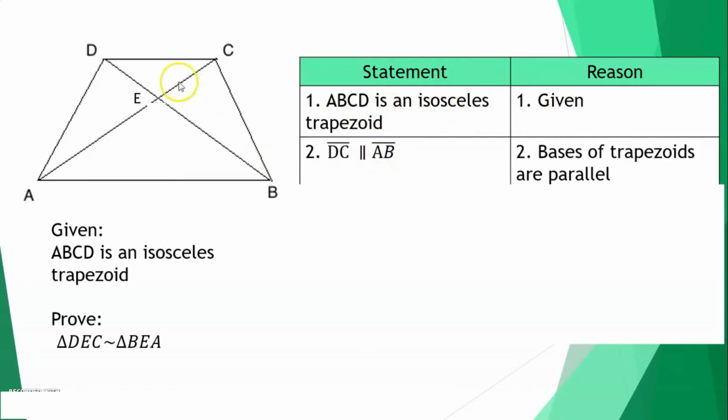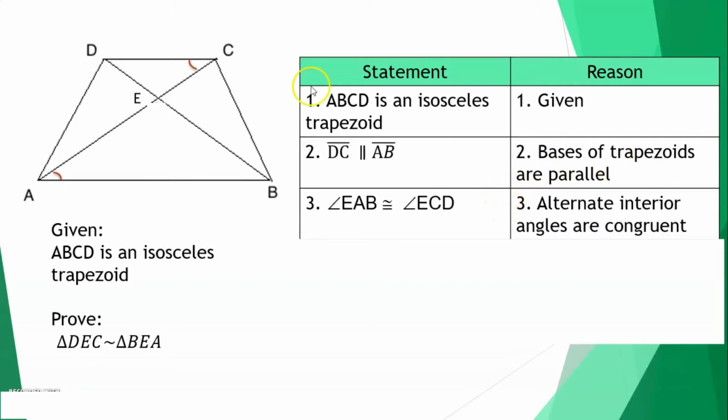So with this, we can say that DC is parallel to AB, and that is based on trapezoids. Bases are always parallel. The third statement here would be angle EAB is congruent to angle ECD because they are alternate interior angles and they're always congruent. Marking them, we have this one.